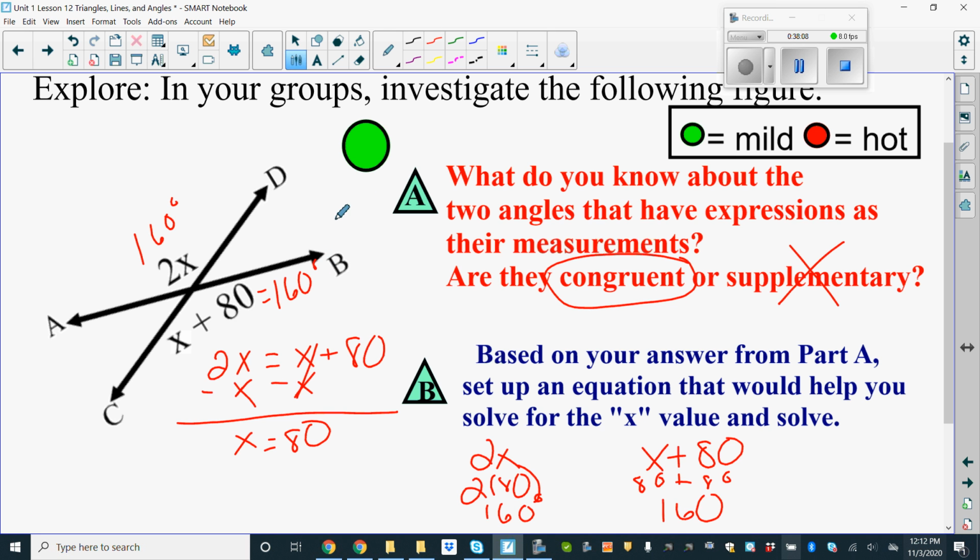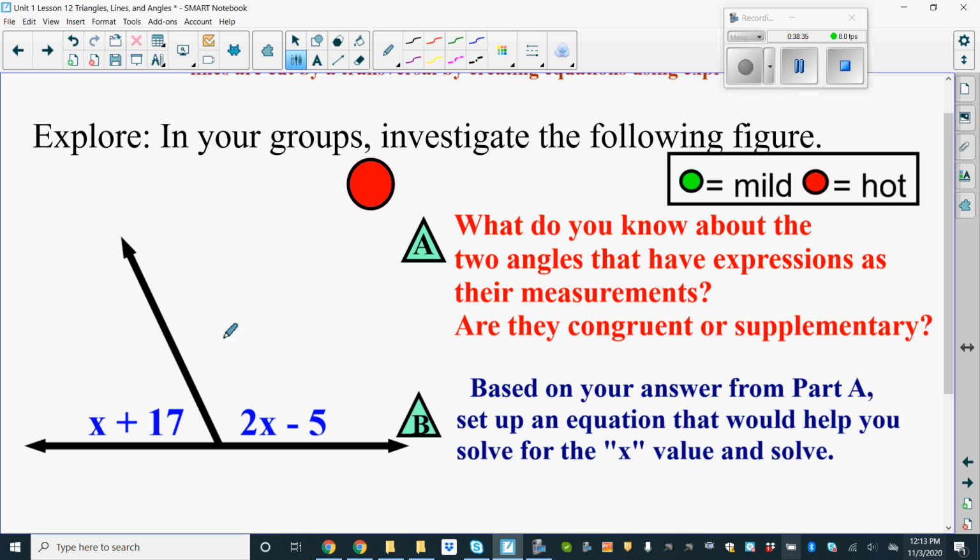And we are done with that. And in order to solve for this angle and this angle, you could just do 180 minus 160, because these are supplementary. This angle is supplementary to this, and you get 20. So if this angle is 20 degrees, this angle will be 20 degrees as well, because they are vertical and they are equal.